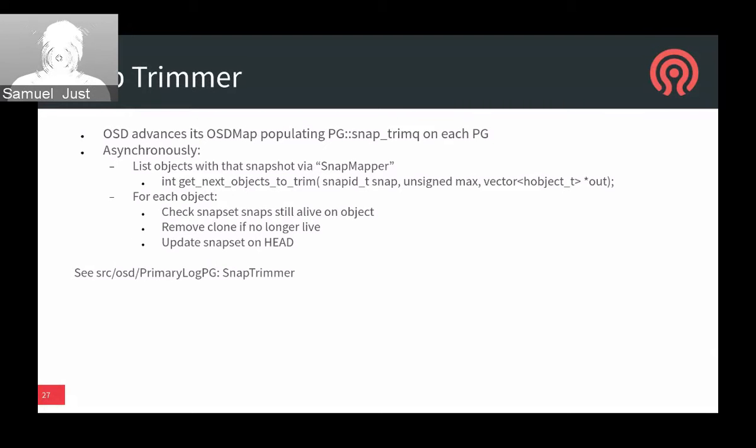There may be other snapshots represented by that clone. But if there are no longer any live snapshots, the clone gets removed. Either way, we update the snap set on head with either the reduced set of snaps or with the removal of the clone entirely. The driver of this is the snap trimmer state machine in primary log PG.